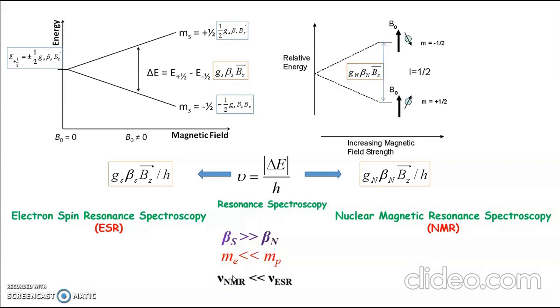So the frequency of NMR is much less than the frequency of ESR. The ESR frequency falls in the microwave region, whereas the NMR frequency is in the lower frequency radio wave region. That is, the ESR spectrum will be observed in the microwave region and the NMR spectrum in the radio wave region.